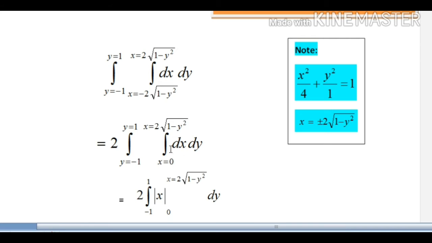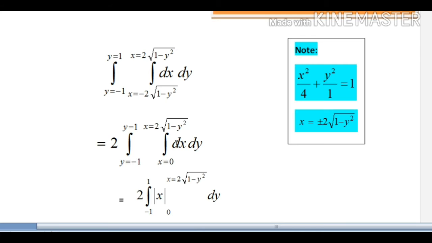So the formula I have used: integration minus a to a f(x) dx is 2 times 0 to a f(x) dx if f(x) is an even function, and if f(x) is an odd function, then integration minus a to a f(x) dx is 0, right?